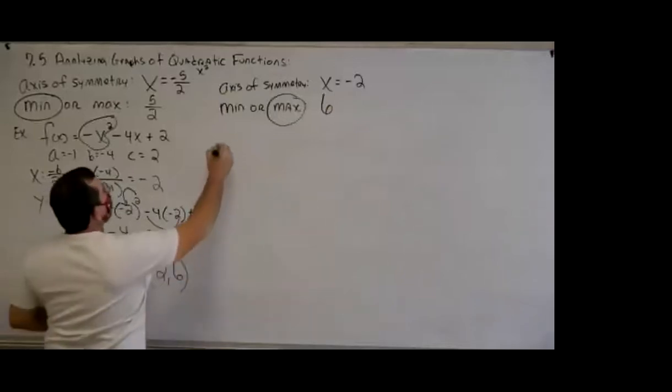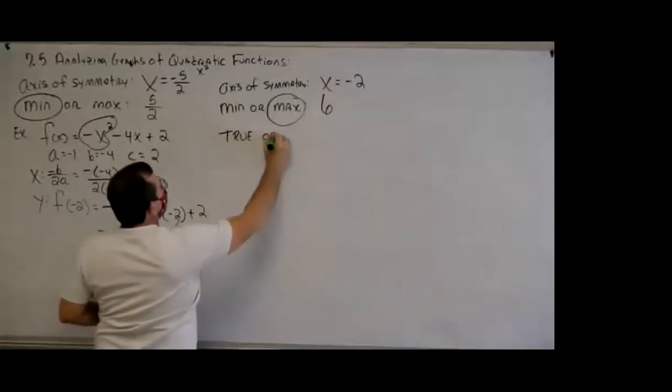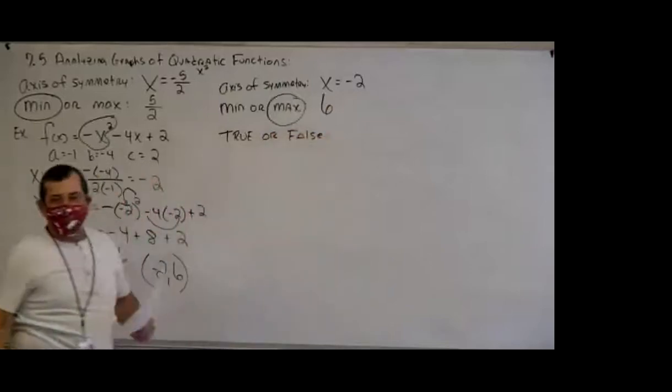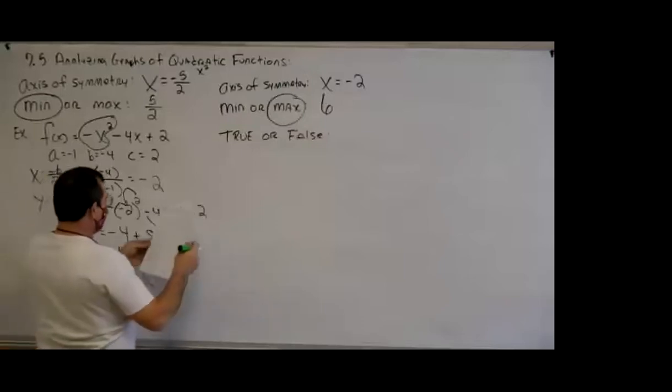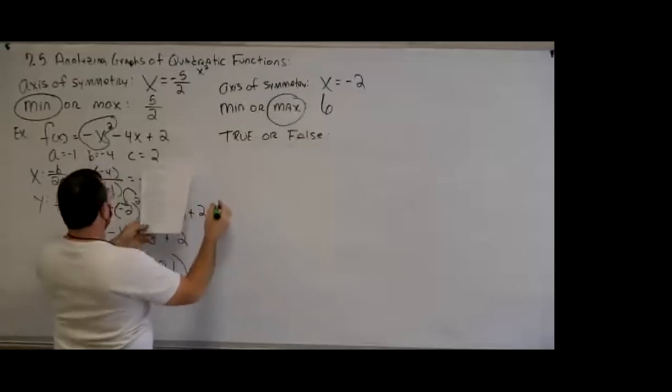All right, so now I'm gonna do some true or false with y'all. To answer these questions, hopefully you did section 7.2 already. 7.2 is where we shifted the graphs left and right, up and down, and we flipped them and did all that fun stuff. But here we go for true or false, okay? Okay, here we go.